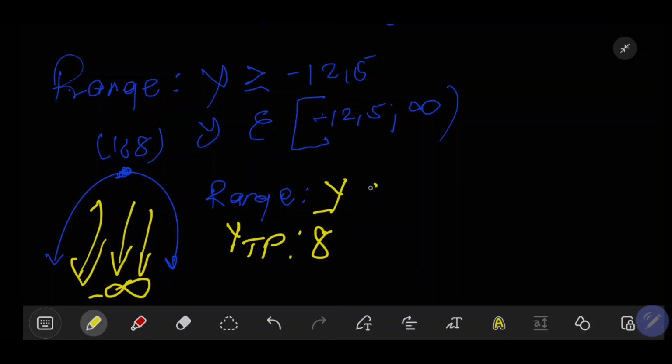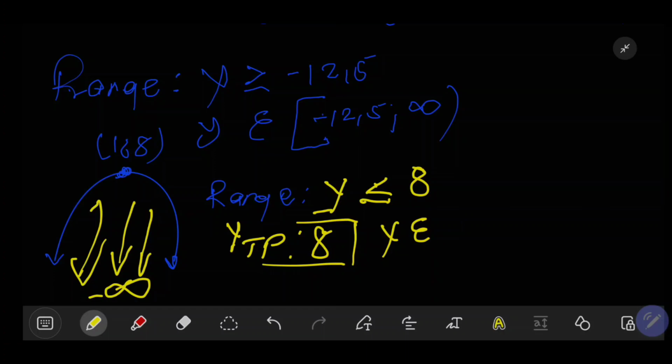But if y is less than or equal to 8, that is where the graph exists. So you can choose to write the range this way, or if you want to write it in interval form, you can say y is an element of, and we include 8.